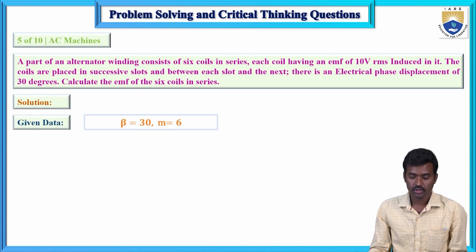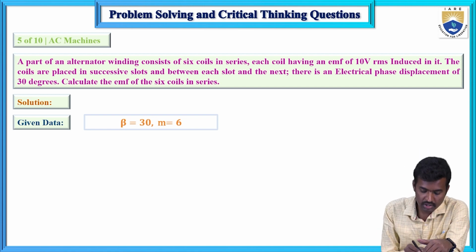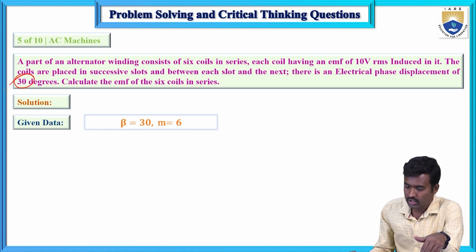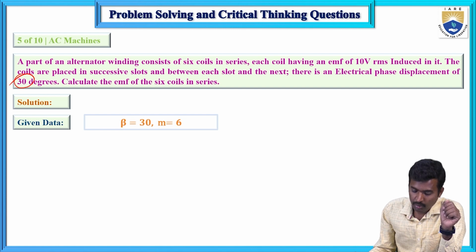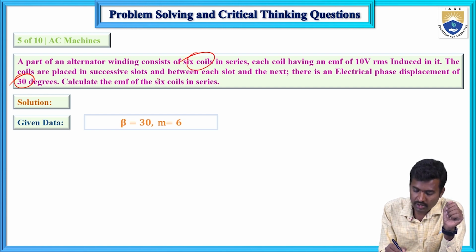Solution for this. Given data: beta equals 30 degrees, and m equals 6, the total number of coils.